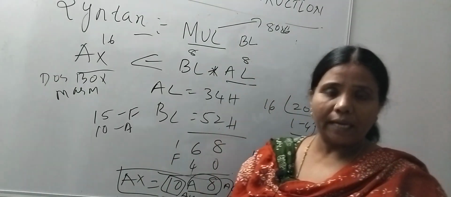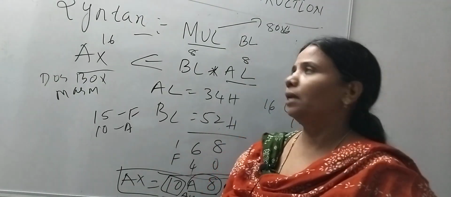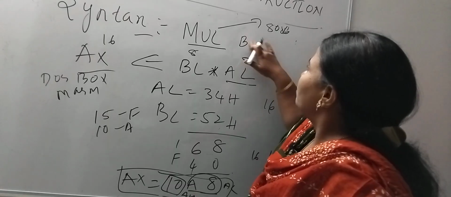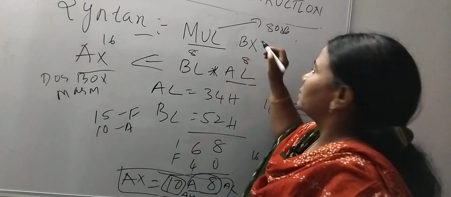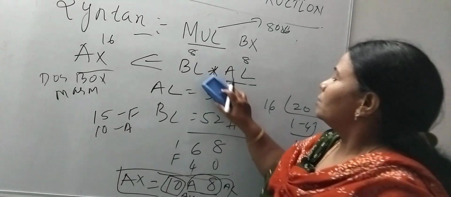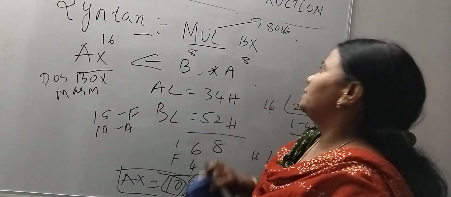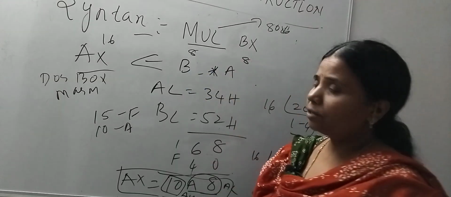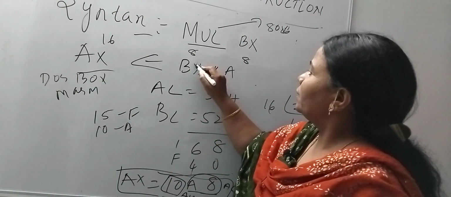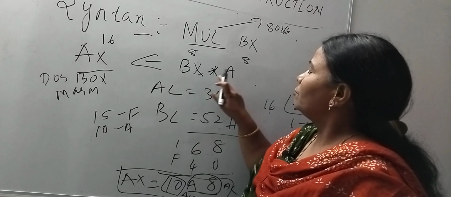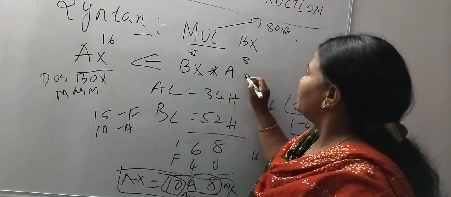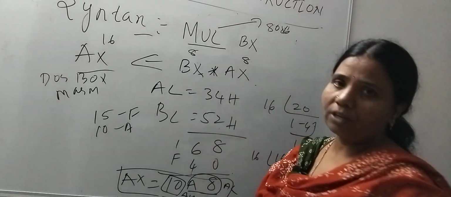Instead of 8-bit, if you go for 16-bit, instead of BL you take BX, the 16-bit content. When executed, the 8086 takes the content of BX and multiplies it with the default register AX.